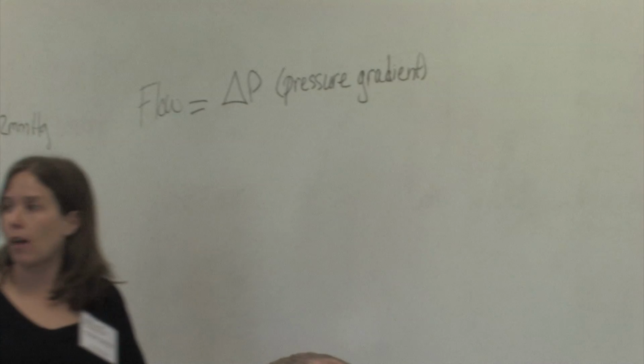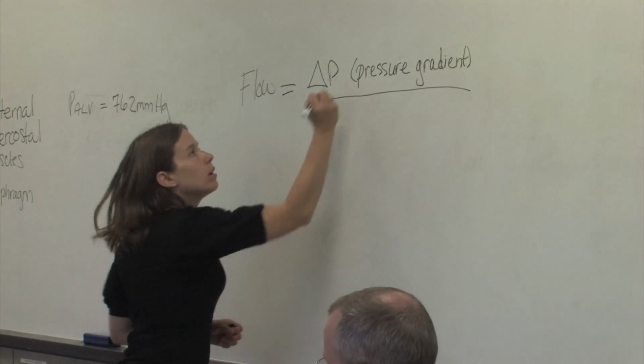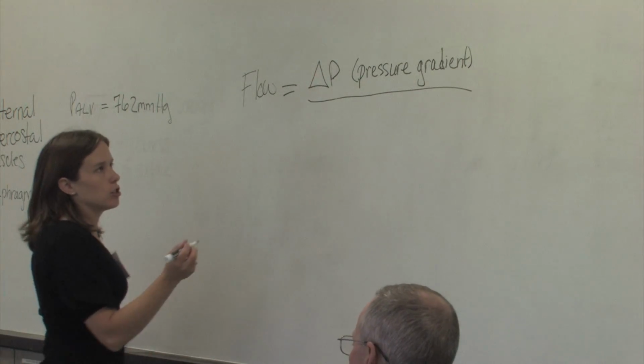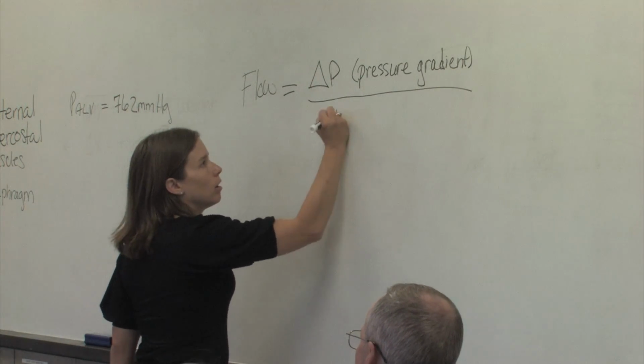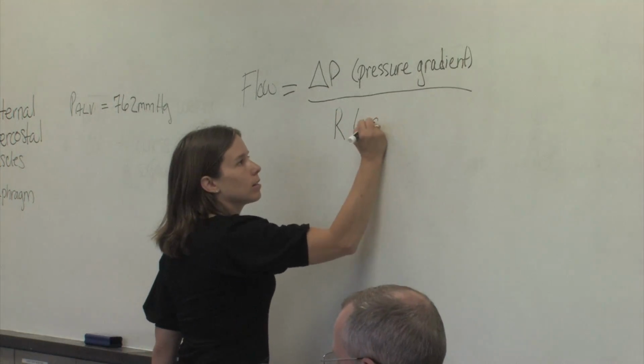We already talked about that a little bit with making sure that alveolar pressure is less than atmospheric pressure to bring air in, and that alveolar pressure is greater than atmospheric pressure to bring air out. So we talked about the pressure gradient, delta P. And there's an inverse relationship between flow and big R, which is resistance.